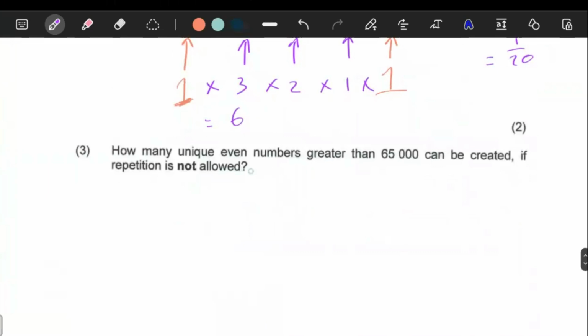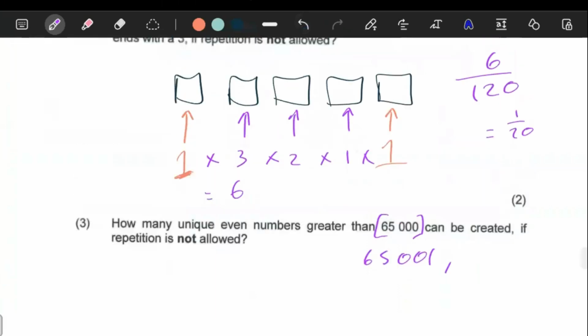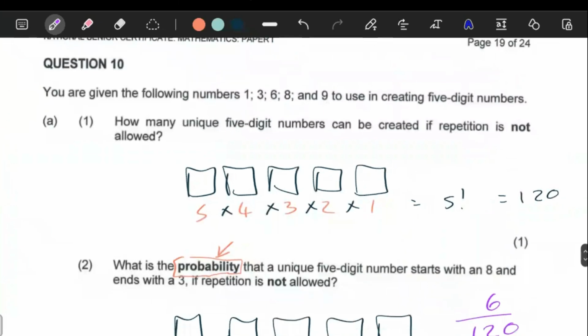How many unique even numbers greater than 65,000 can be created if repetition is not allowed? Here you have to be careful. The reason is that we cannot consider numbers like 65,001 or 65,002 or 3 or whatever, because there are no zeros to choose from here.